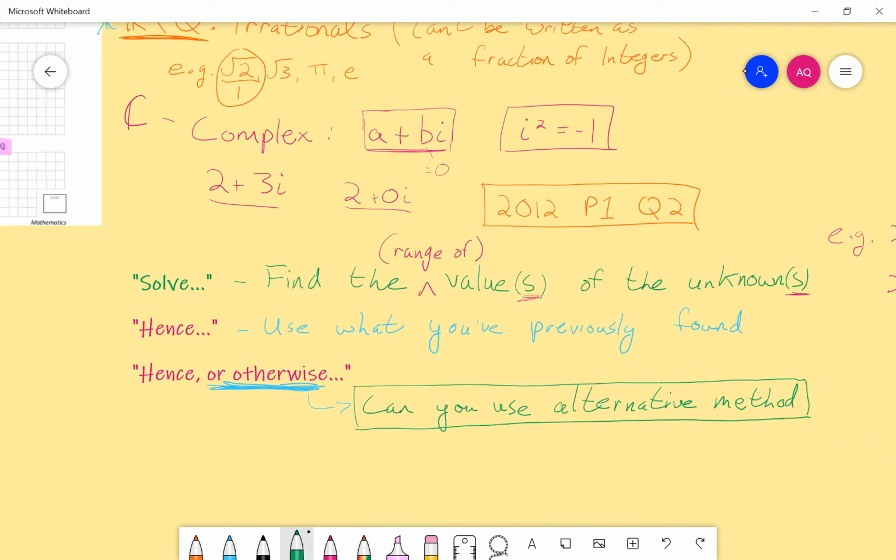So if you see hence or otherwise, and in your head you're thinking, it says hence, I should use what I previously found, but you can also think of a different way of doing it. There's absolutely no problem with doing it a different way. And quite often it'll only say or otherwise if there is another potential way of doing it. So if you see hence or otherwise, don't be afraid to use a different method to solve it, but do have a look at what you've previously found, see if you can use that, because that will sometimes be quicker, but that doesn't mean that's the way you have to answer it.